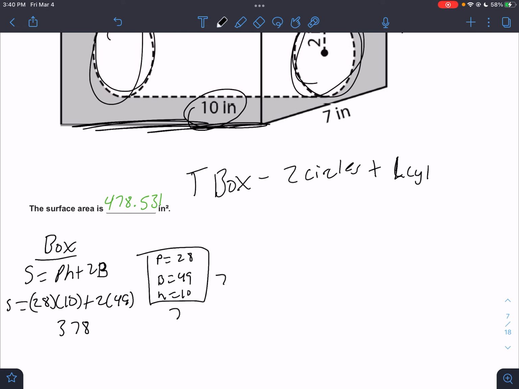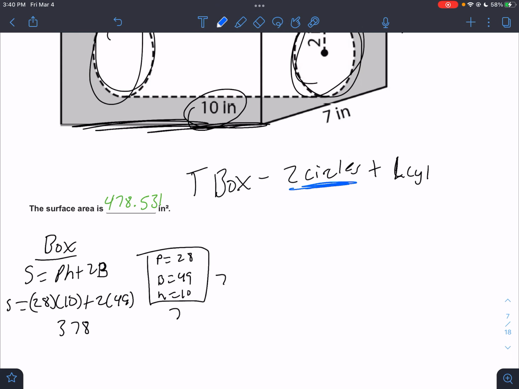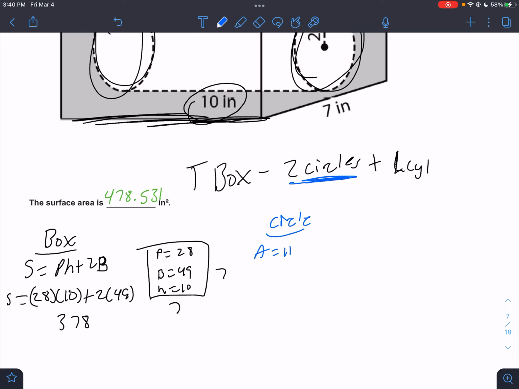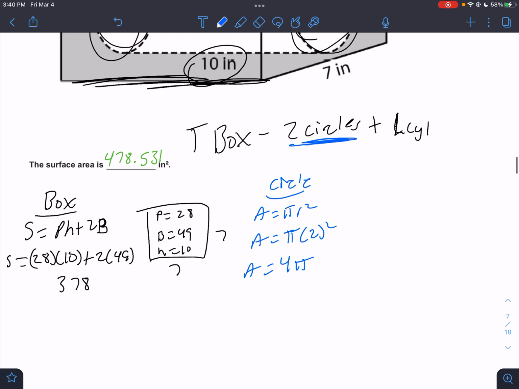So there's the box. The 2 circles. Let's work on the 2 circles. The radius is 2. Area of a circle is pi r squared. So that's just pi times 2 squared. That is 4 pi. So the circles are going to be 4 pi. And then the lateral of the cylinder is 2 pi RH.